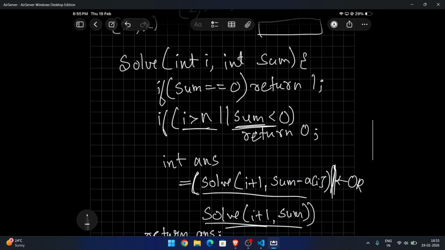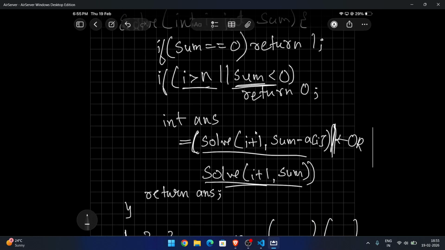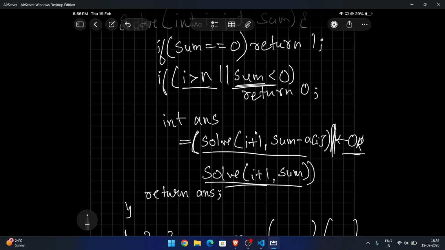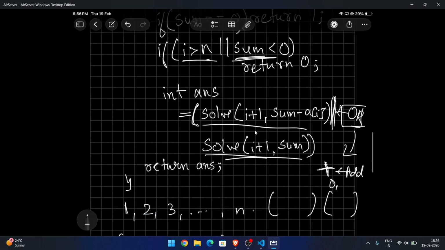So how can we modify this? If you can see, instead of this OR, if we modified it with plus, that is addition operation, then I think we got our answer.